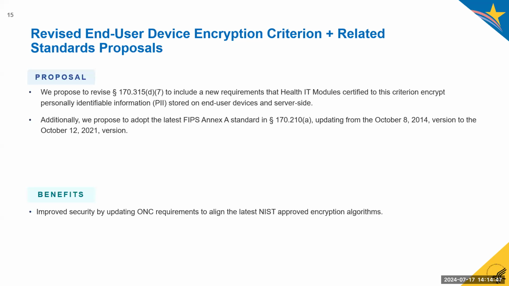We're also proposing to adopt the latest FIPS Annex A standard, which would update from the current version, which is the 2014 version, to a more recent 2021 version. Really, this is about updating requirements to align with the latest NIST-approved encryption algorithms and providing for better device encryption security. Next slide.